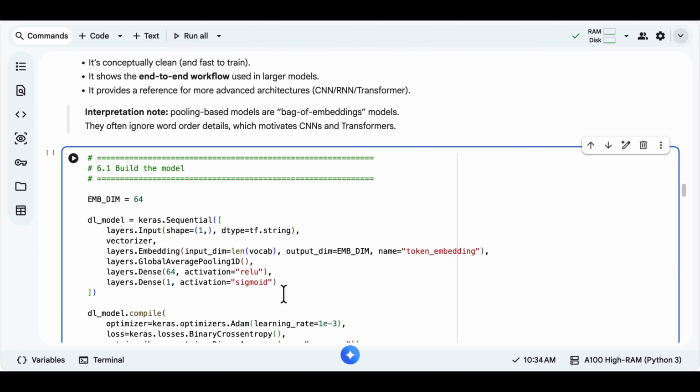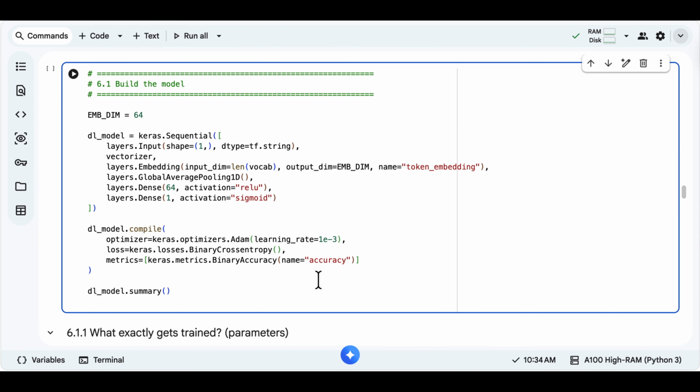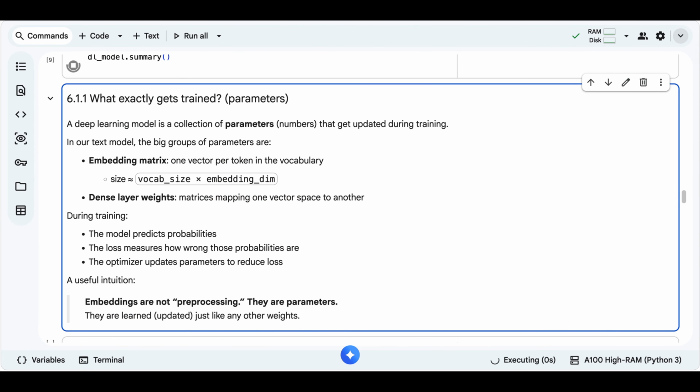This code constructs the model step by step. The input is a string review. The vectorizer turns it into 200 token IDs. The embedding layer gives each token a 64-dimensional dense vector. Global average pooling compresses the whole sequence into one 64-dimensional summary.